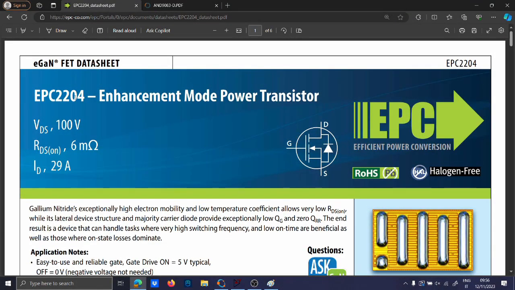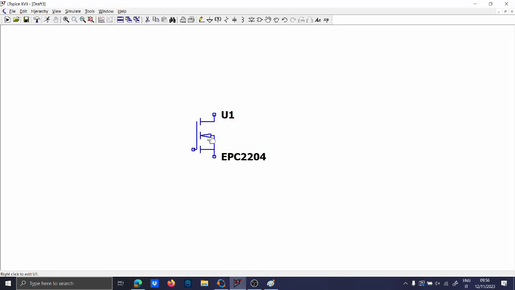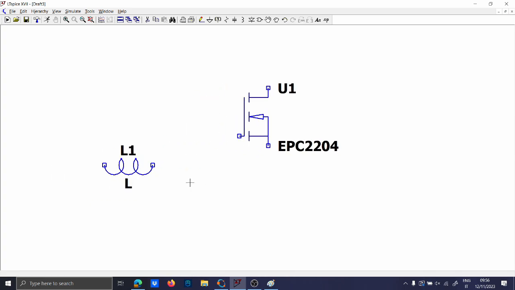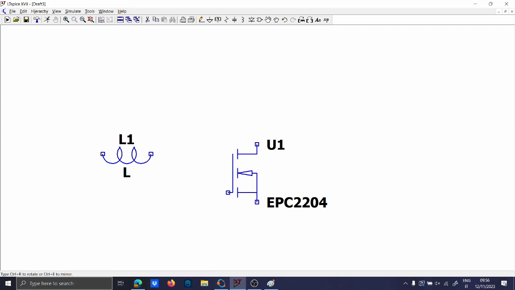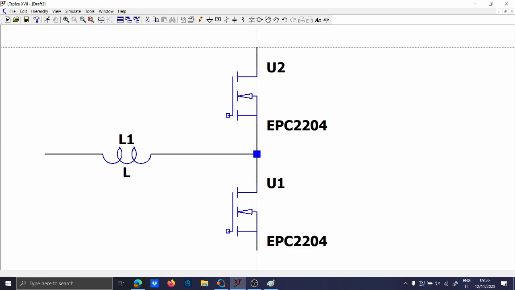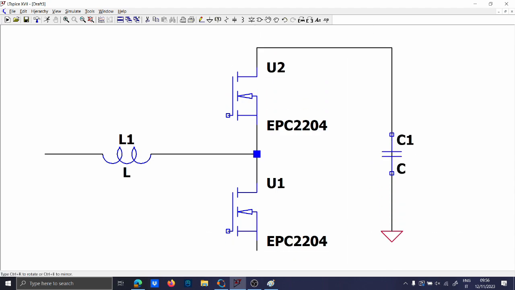So let's take the EPC2204, which is not so good because it has the 6 milliohm, but I found this in LTspice, so we will have to arrange it like this. I will first simulate the boost converter a little bit, so give me some seconds.